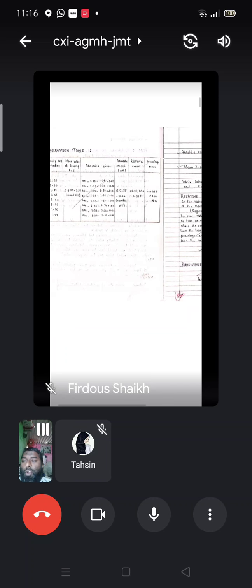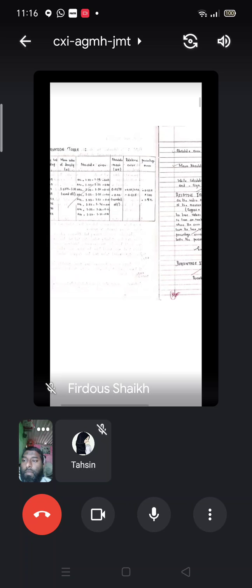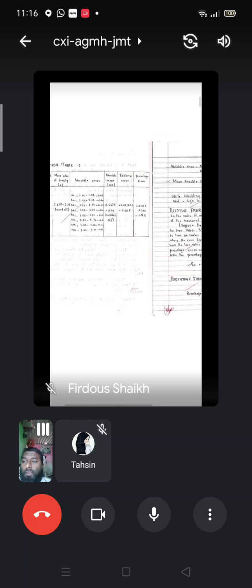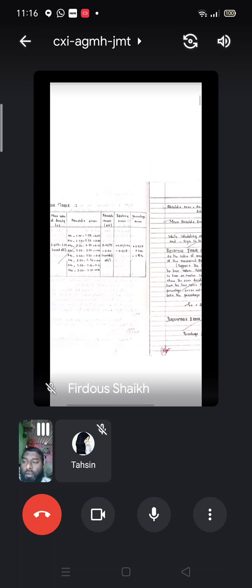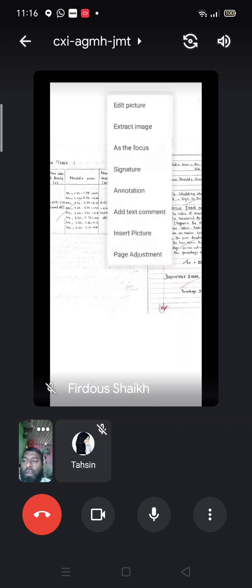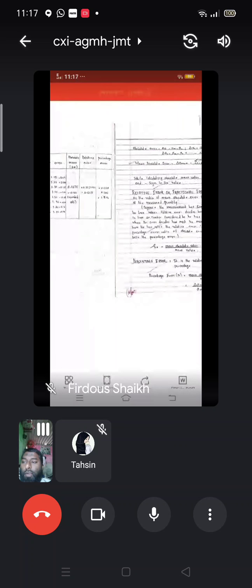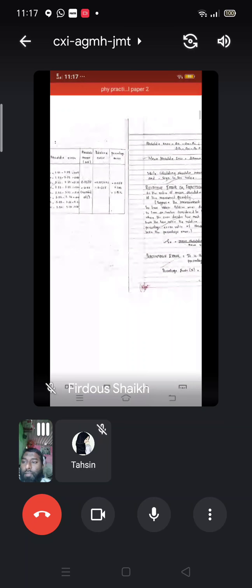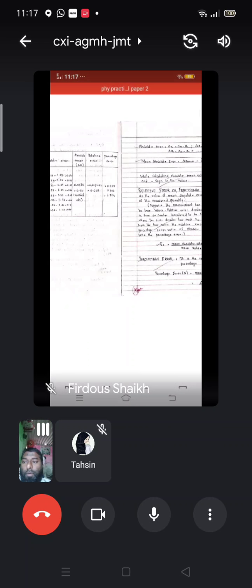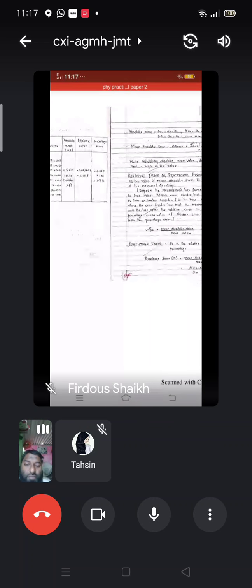Then you can take the absolute mean. Absolute mean means you sum these and divide. And then we have to find the relative error. Relative error is the mean absolute error divided by the mean value, and for percentage you multiply that value by 100, and it becomes the percentage.